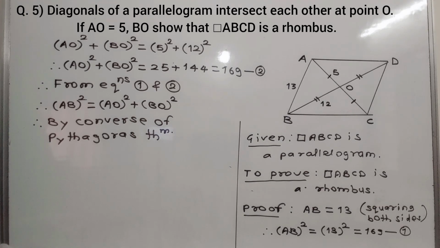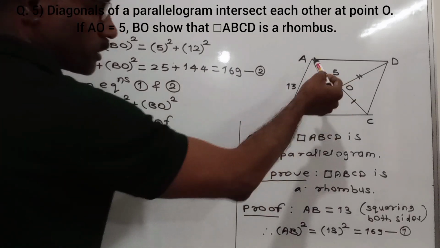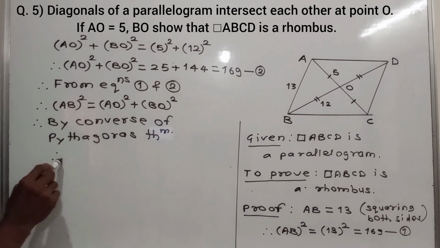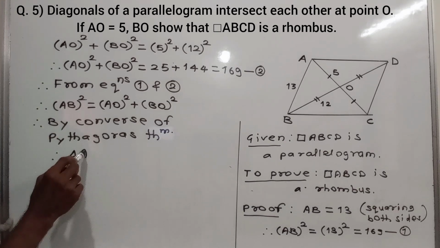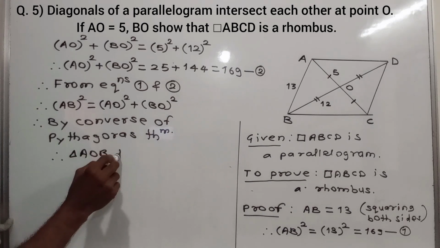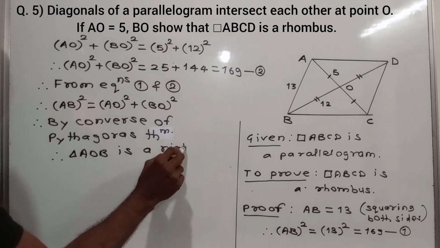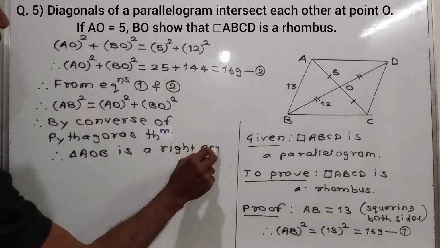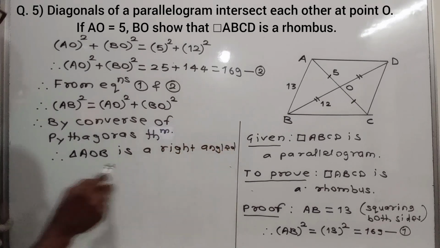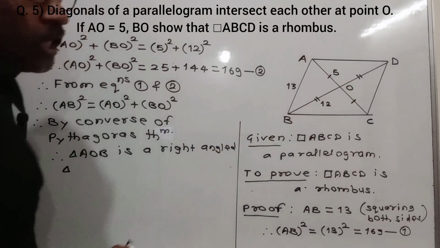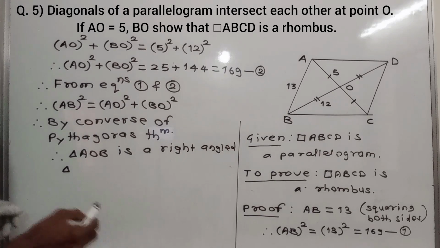With the help of these 3 sides, triangle AOB is formed. Therefore, triangle AOB is a right angled triangle. If this is a right angled triangle, we have proved.